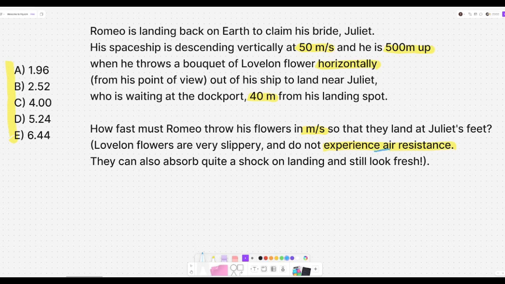One thing we do need to consider is this air resistance. What does it mean? If you had a hand or an object going through the air, and air is made of air molecules, the hand needs to push its way through.